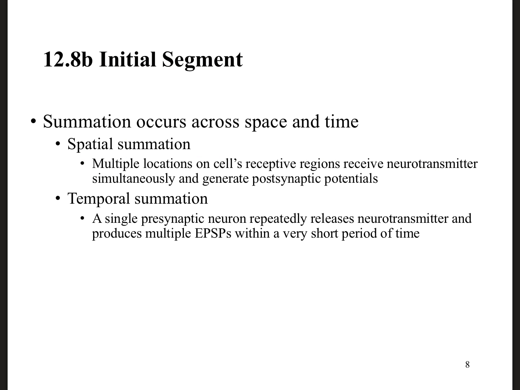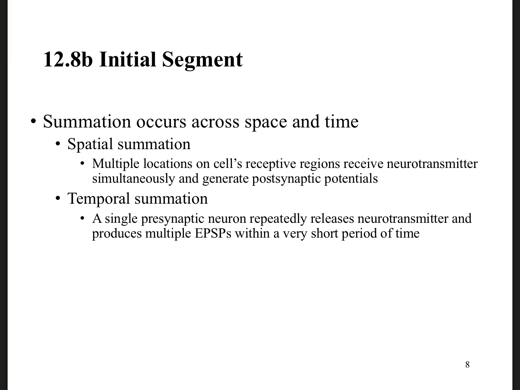Okay, so summation takes all of that information, those inhibitory or excitatory signals, and interprets them, right? Collects them all together, moves the needle closer to threshold or further away from threshold. And there are two different ways that summation is conducted.